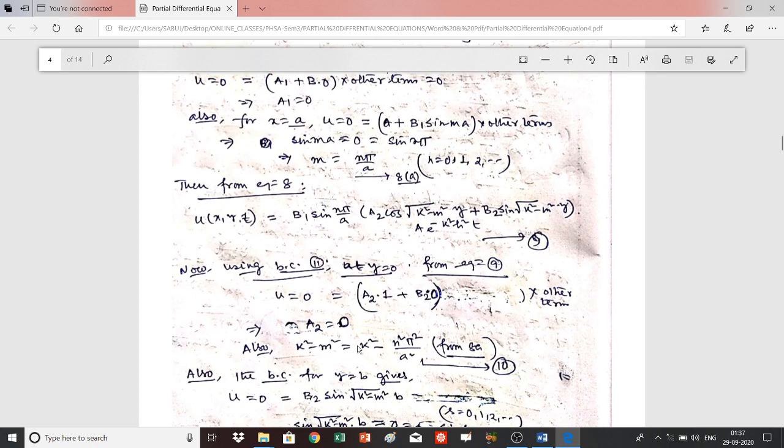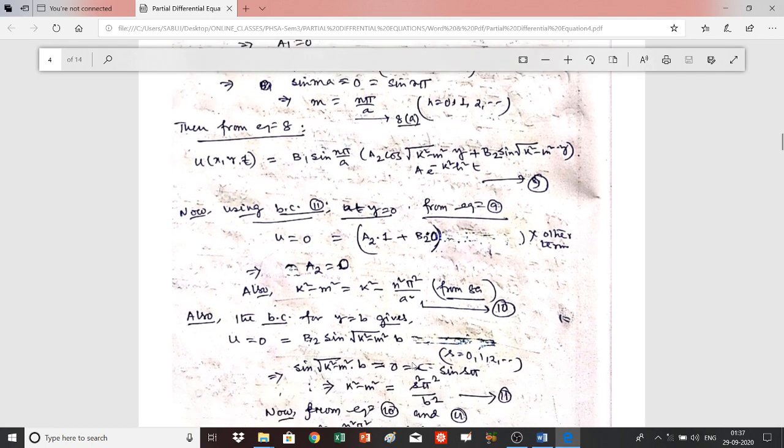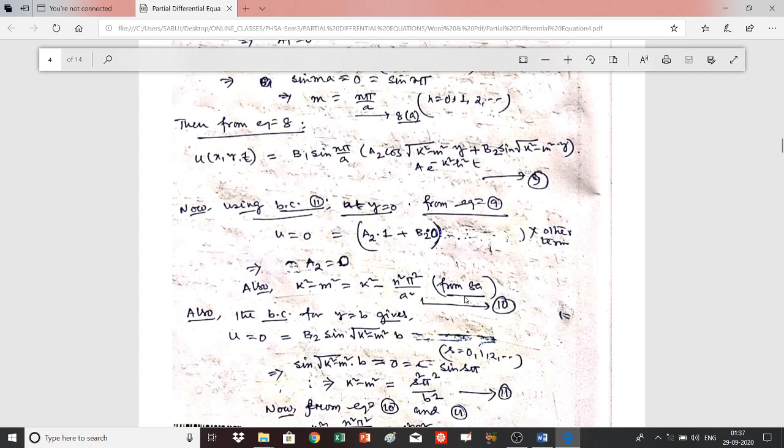Now also from here, k square minus m square, you already obtained the value of m is equal to n pi by a. So we can write the value of k square minus m square as k square minus n square pi square by a square. If we substitute here, this is another equation.